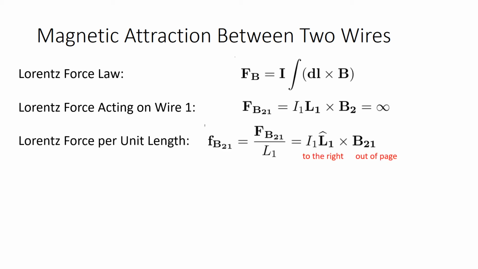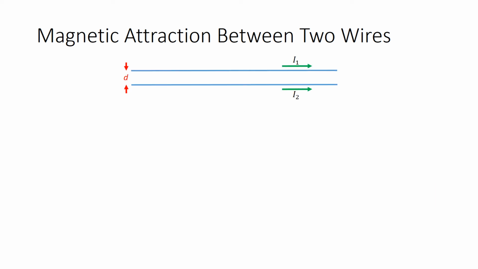It's more meaningful to calculate the Lorentz force per unit length. The Lorentz force per unit length acting on wire 1 is constant, proportional to the product of the two currents, and inversely proportional to the distance between the wires. It is in the downward direction. So wire 1 experiences a downward force.